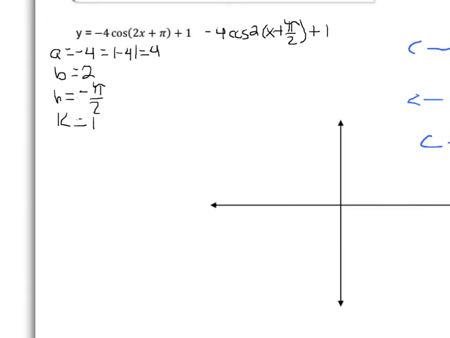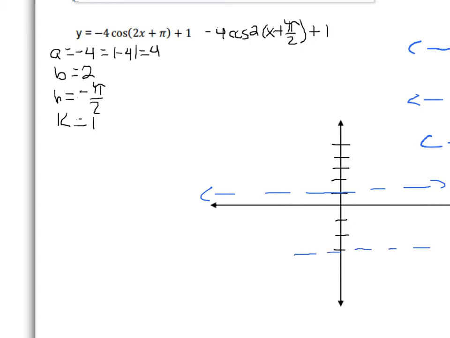So if we go to make our graph now, we know K is positive 1, so that means make your new 0 at positive 1. And then we know that the amplitude was 4, so that means coming up 1, 2, 3, 4, down 1, 2, 3, 4.